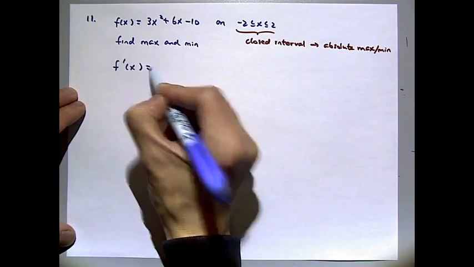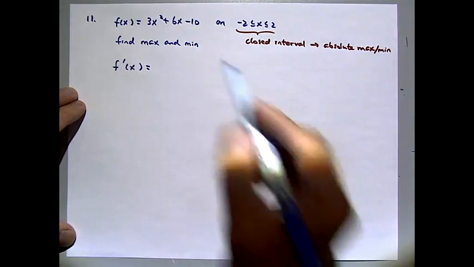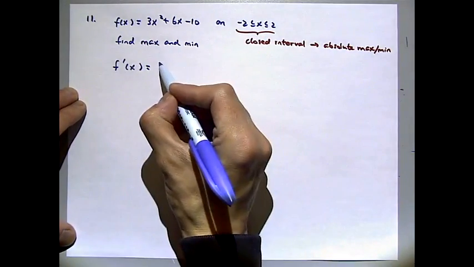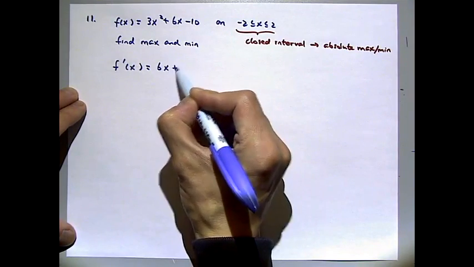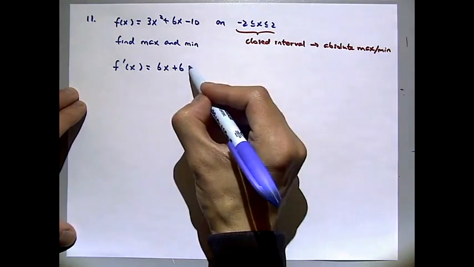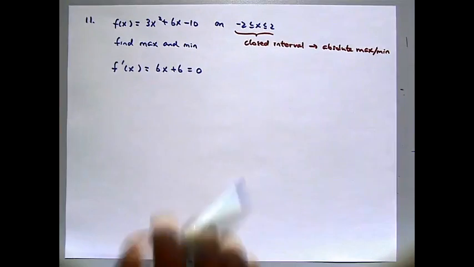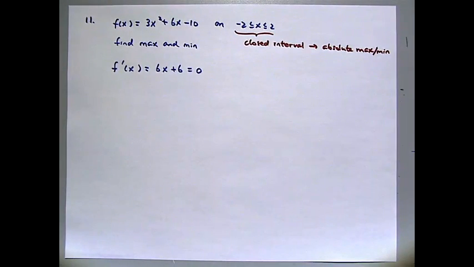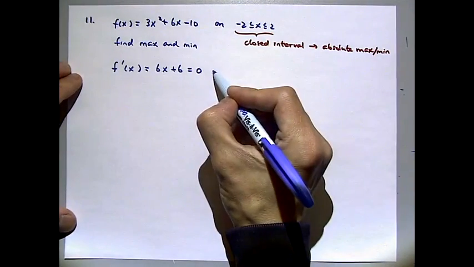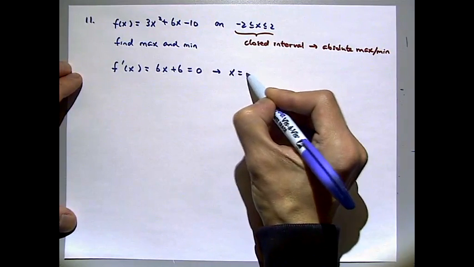So let's first find the critical numbers. 6x plus 6 equal to 0. And so that means x is minus 1.